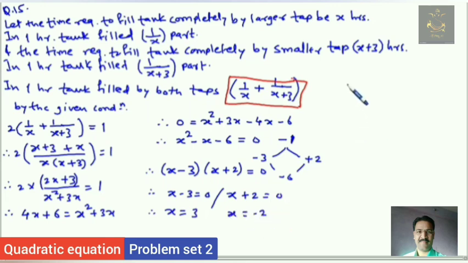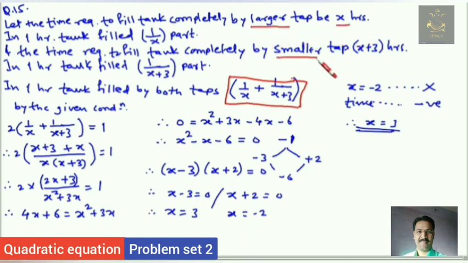Now the important part is what? x equal to minus 2 is not considerable. Tell me the reason. Yes, time is never negative. Therefore, x equal to 3. What is this 3? For the larger tap, we supposed x, and for the smaller tap, we supposed x plus 3.